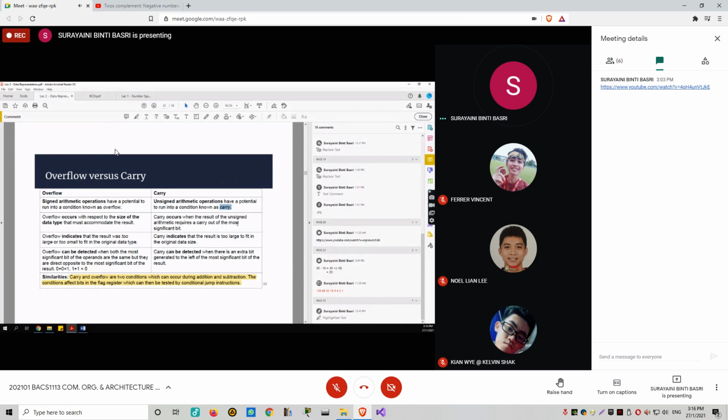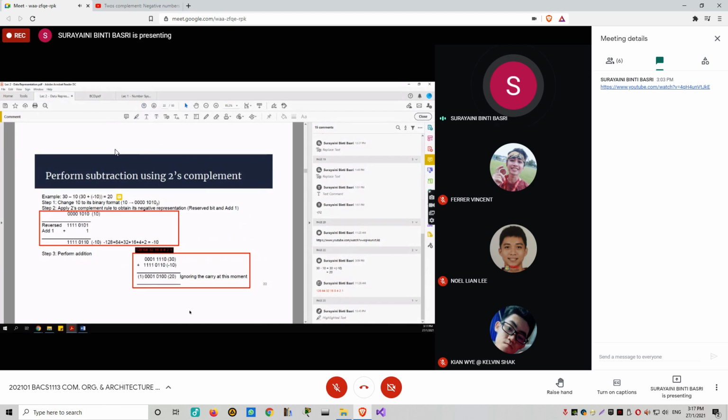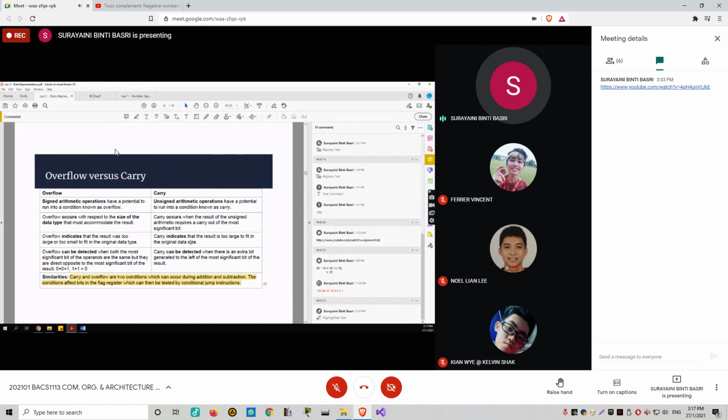Okay, so when you do arithmetic operation on the unsigned arithmetic just now, it will also produce something like this, like it is out of the bit, meaning the number of bits of the result is exceeding the operands' number of bits. Okay, so carry indicates that the result is too large to fit in the original data size.